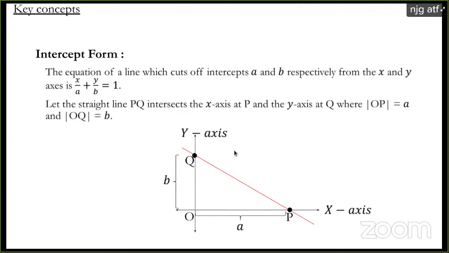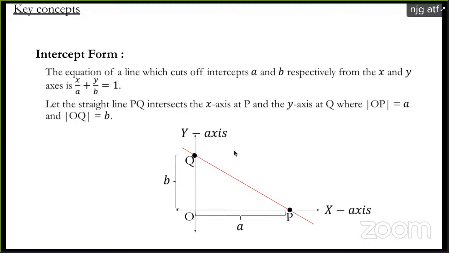But when you talk about distance OP, let's suppose P is the point -7 comma 0. If I want to talk about the distance between O and P, will I say -7 or 7? 7, right? So that is the notation. It's just the distance notation.